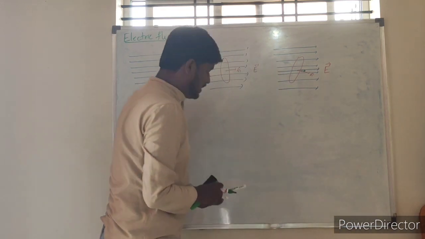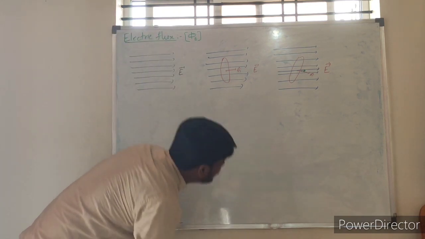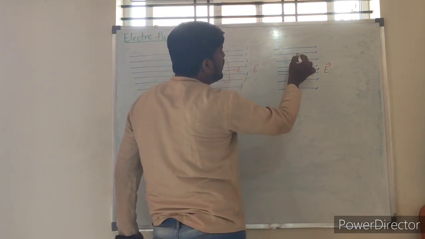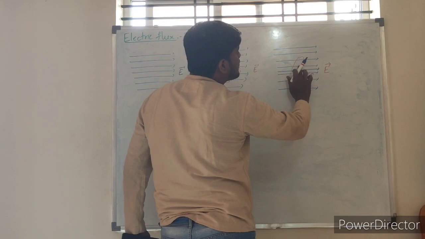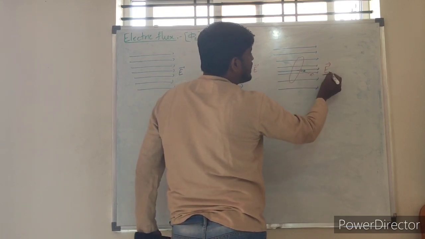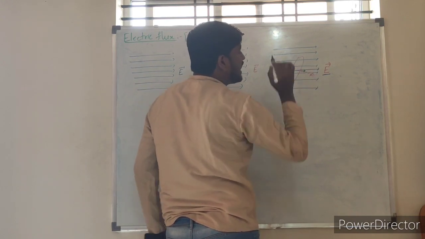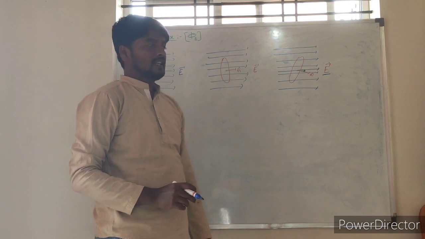And afterwards, if I continue, look at the diagram now. Here, only a limited number of lines are passing through this area. That means the electric lines of force pass through a certain area based on the direction of the surface area.